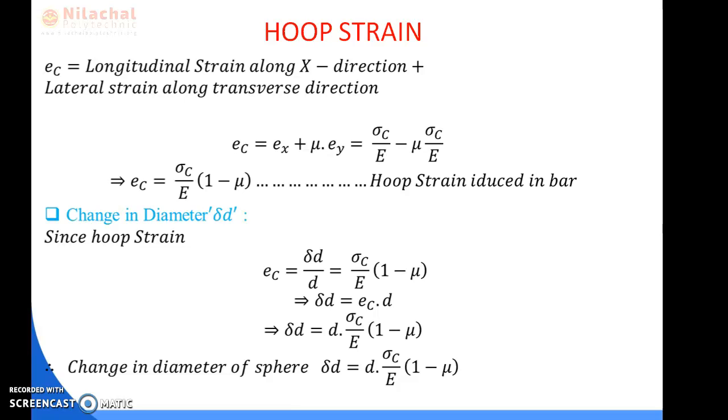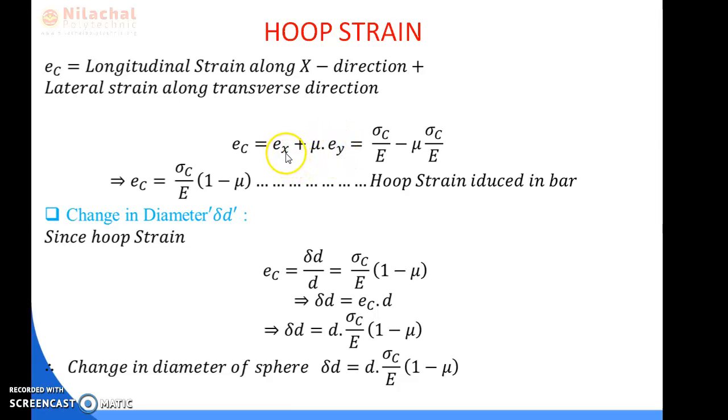So hoop strain or circumferential strain is equal to the combined effect of longitudinal strain along the x direction and lateral strain along the transverse direction, that is known as your y direction. So now circumferential strain EC is equal to longitudinal strain along x and lateral strain along y. So mu is equal to lateral strain by longitudinal strain. Lateral strain can be obtained as mu into longitudinal strain along y direction. So Ex plus mu into Ey.